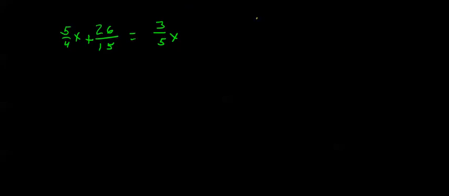What is the least common denominator? The least common denominator here is 60. 60 is divisible by 4. It's divisible by 15. And 60 is divisible by 5. All right?